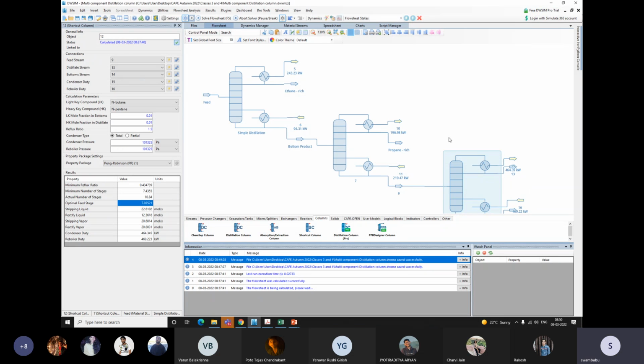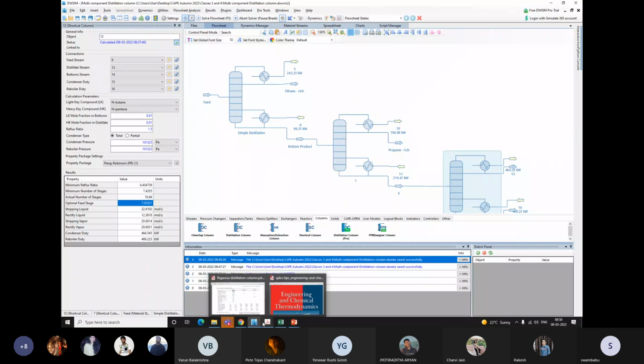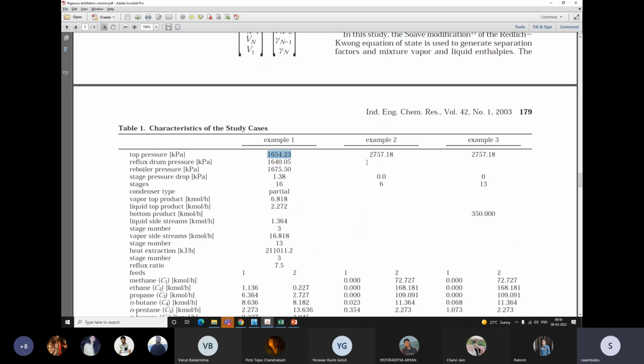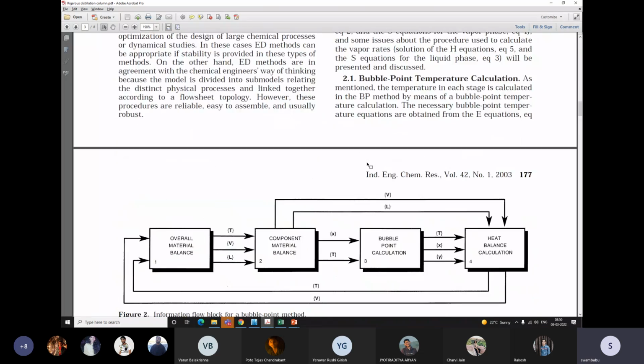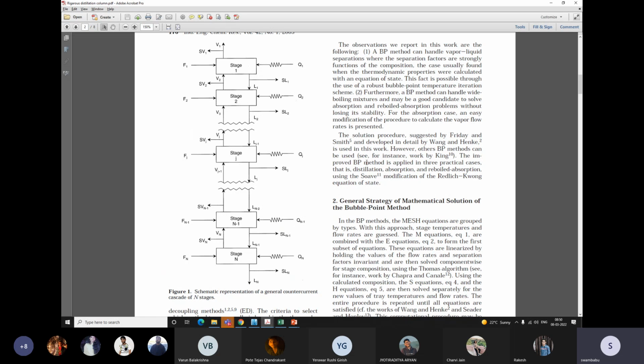So we'll move on to this rigorous distillation column. I have taken this example from this paper. It is a very old paper, and I will upload it. Why I like this paper is that they have given the different methods used to model the rigorous distillation column.